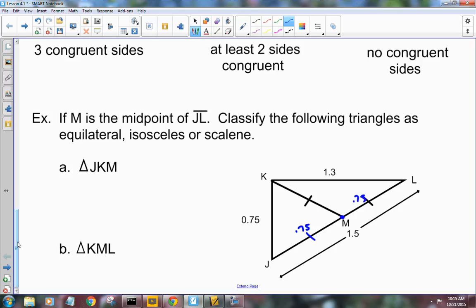All right. So with that in mind, I want to look at triangle JKM. What do I notice about it? What kind of triangle is it? It's equilateral. These two are congruent, and this is 0.75, so this is 0.75, and this third side is 0.75. So yes, it is equilateral.